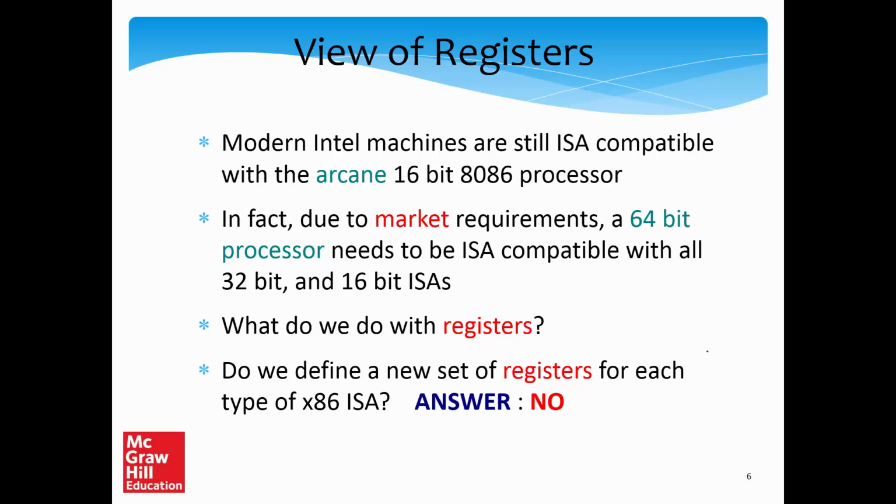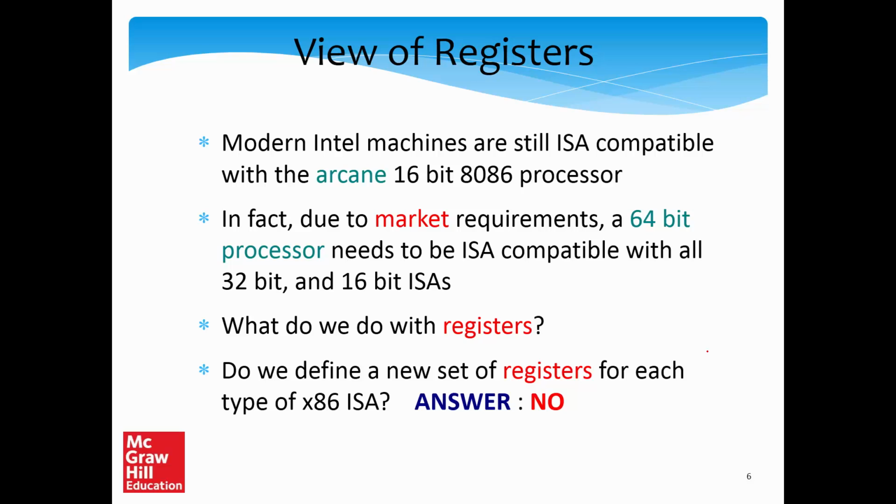So let's take a look at the view of registers. Modern Intel machines are ISA compatible with even the oldest 8086 processor. So what this essentially means is that any kind of program which was meant for the 8086 processor can still run on a modern processor.